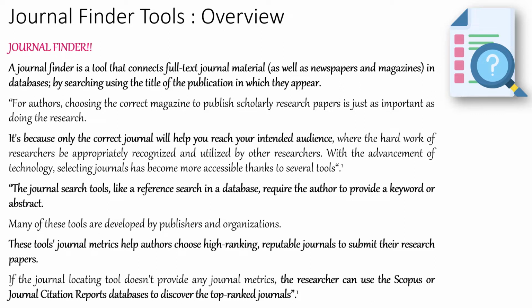Research tools like reference search in databases require the author to provide a keyword or abstract. Many of these tools are developed by publishers and organizations. These tools, with journal metrics, help authors choose high-ranking, reputable journals to submit their research papers.